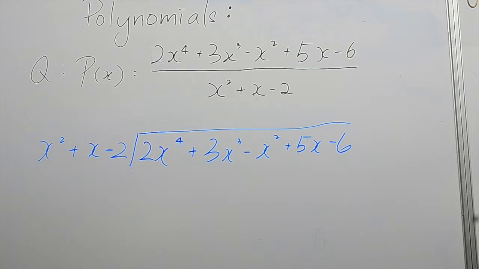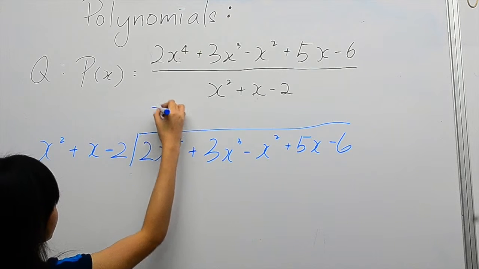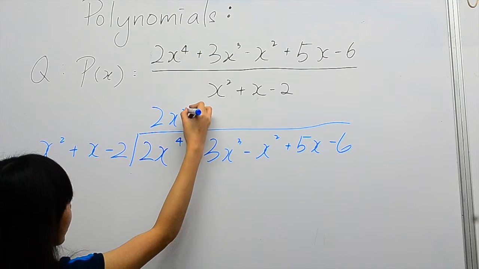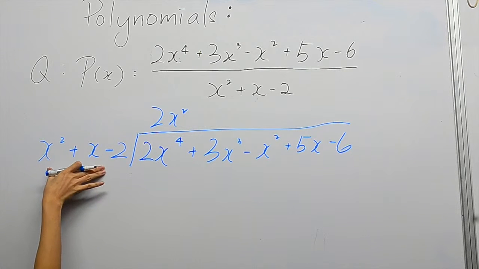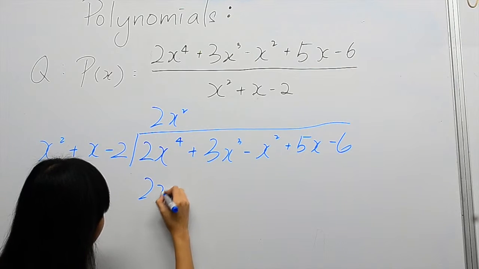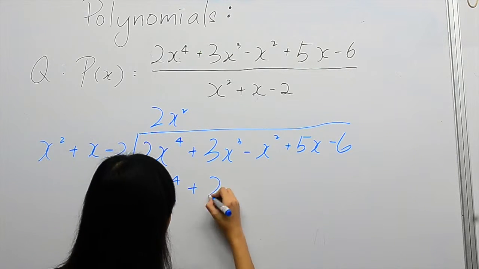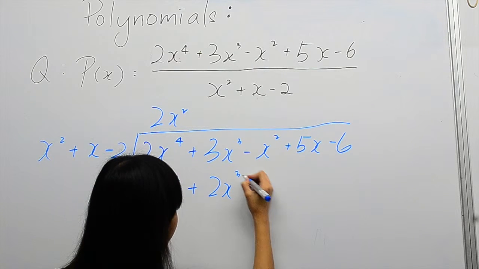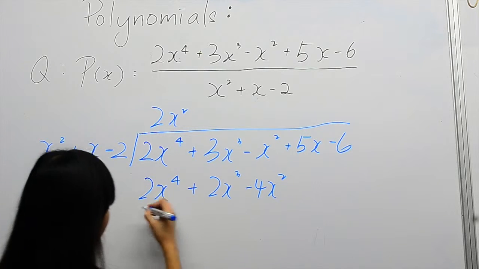So to eliminate 2x to the power of 4, here we put 2x squared. 2x squared is multiplied with the whole divisor. So we will get 2x to the power of 4 plus 2x cubed minus 4x squared.